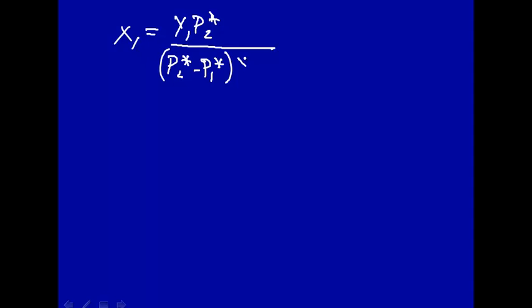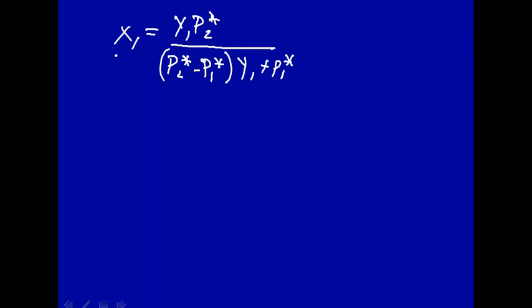x1 is equal to y1 P2 star over (P2 star minus P1 star) y1 plus P1 star. There we go.